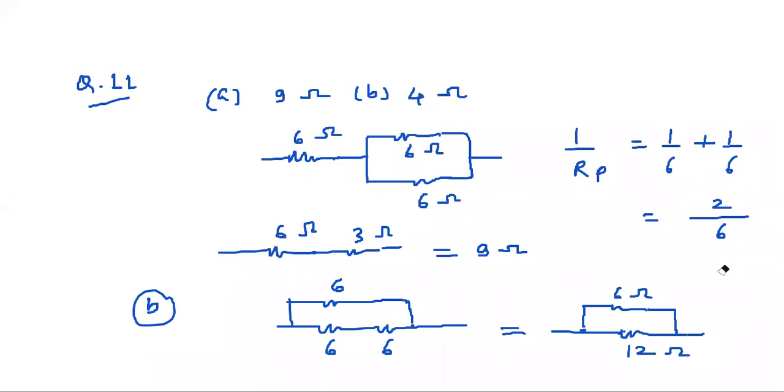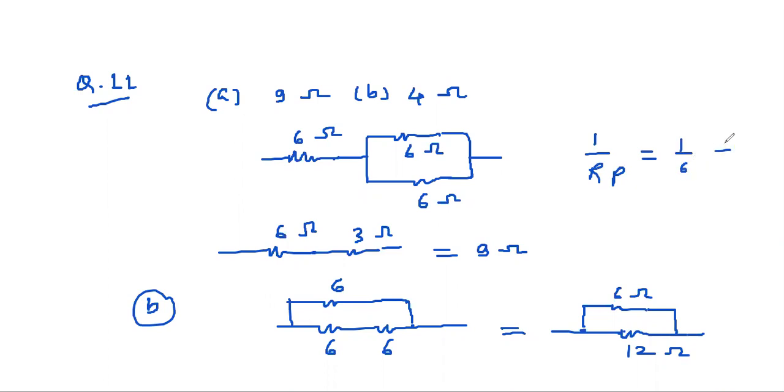So we write 1 upon Rp equal to 1 upon 6 plus 1 upon 12, which will give 2 plus 1, so which is equal to 1 upon Rp. So Rp equal to 12 divided by 3, that is 4 ohm, and our purpose is served.